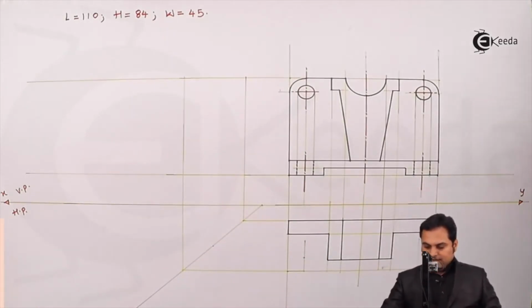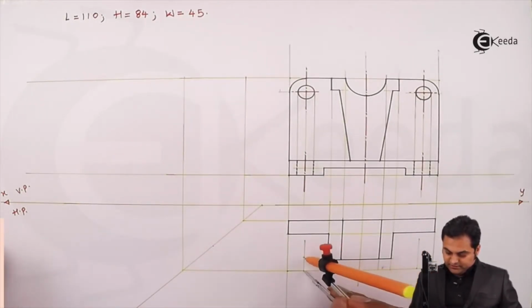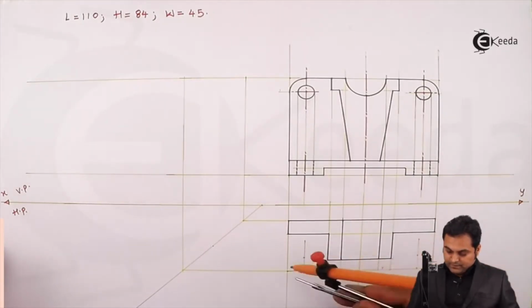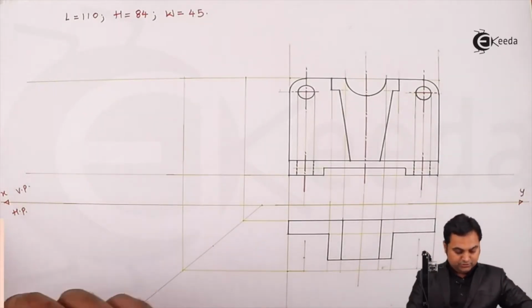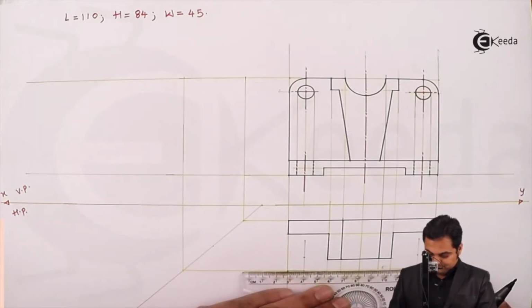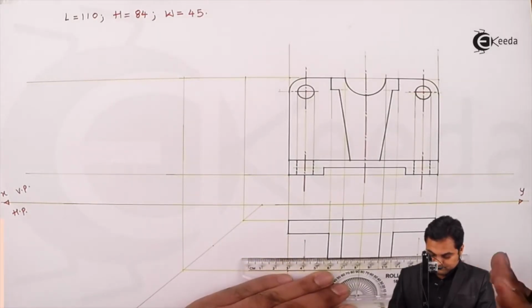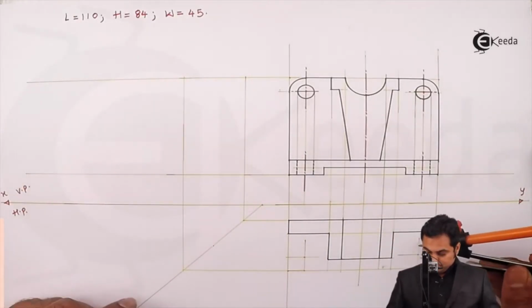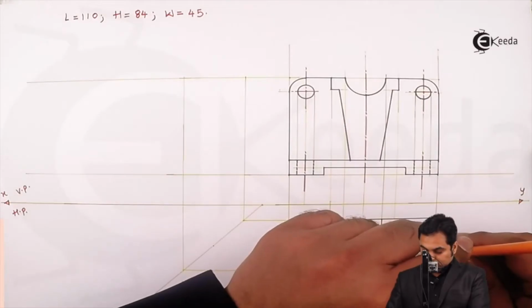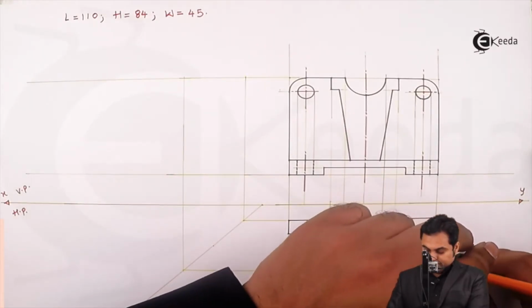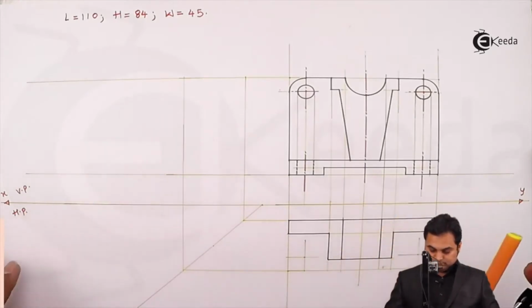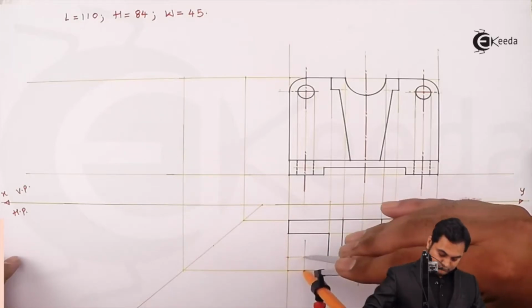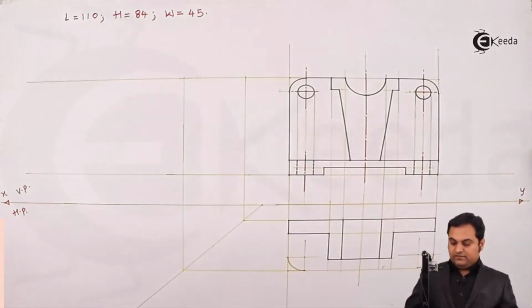So here I'm marking the center, taking the distance 12 mm, similarly onto the other side, and then drawing light horizontal lines through them. From this center, here I'm drawing a light quarter circle as seen from the top.